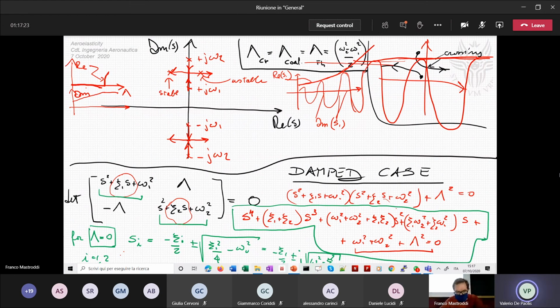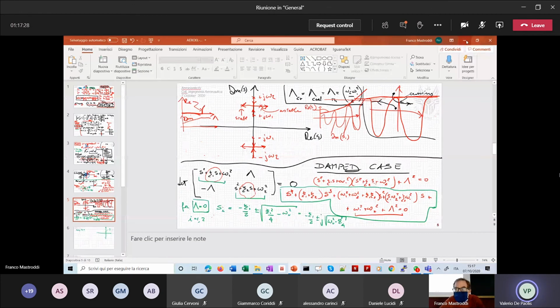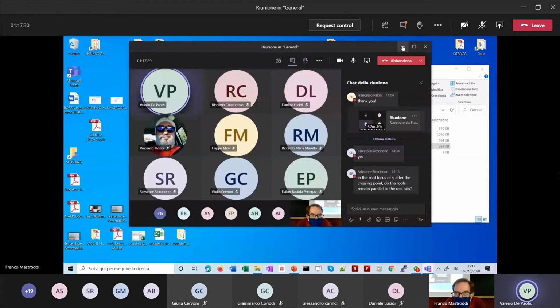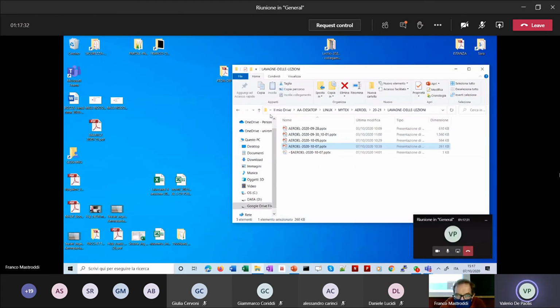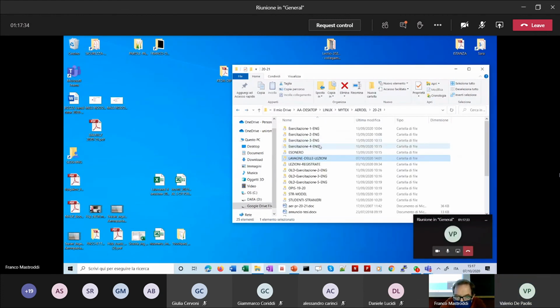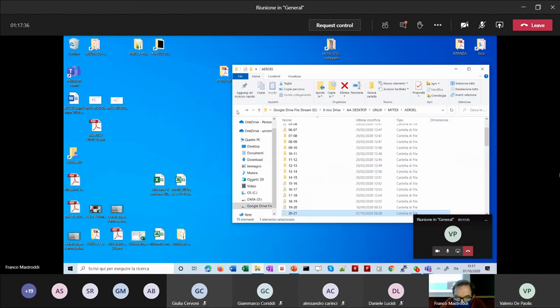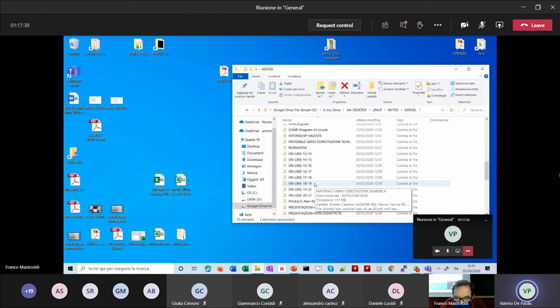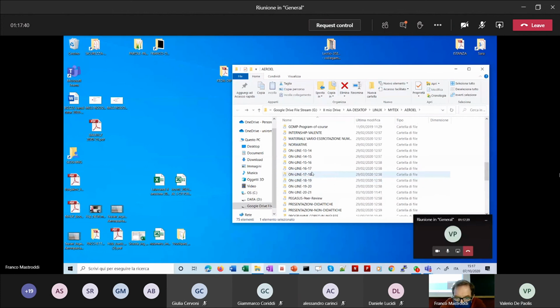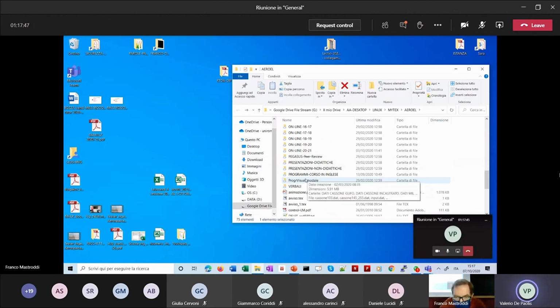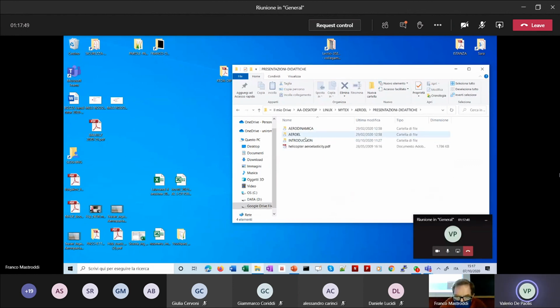And as a final conclusion, this is the reason why you can see flutter. You can see a flutter instability. Remember what I showed you? I showed you this. Look, this is important, so I want to use time to show you this point.